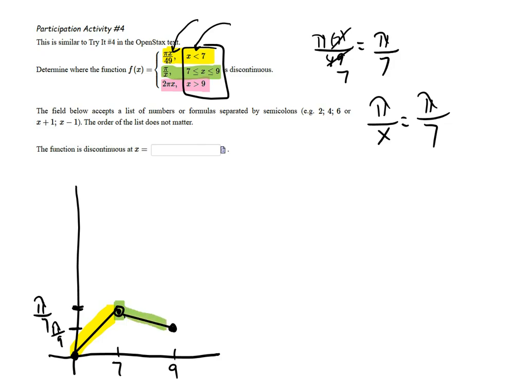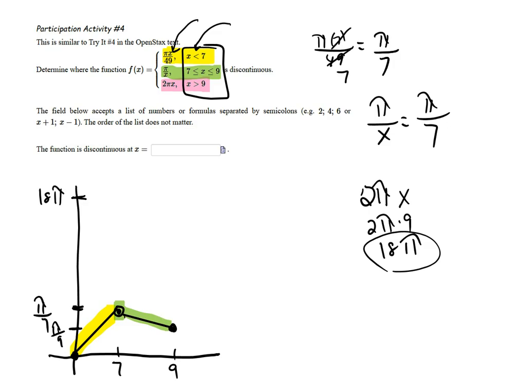So here's that function. And then for the last one, it is 2 pi x. If I stick in a 9 there, that's 2 pi times 9, so we're looking at 18 pi. Now we're going from a fraction of a pi to 18 whole pies at 9, which is going to be way up here, 18 pi.